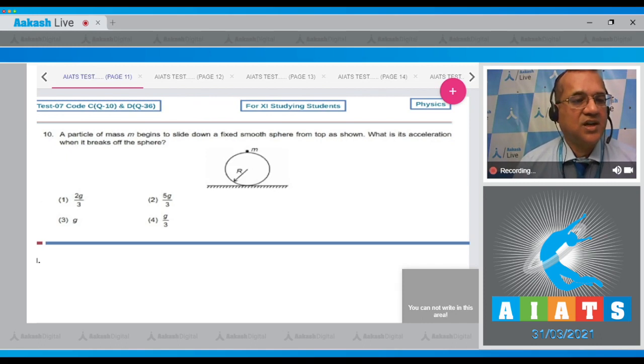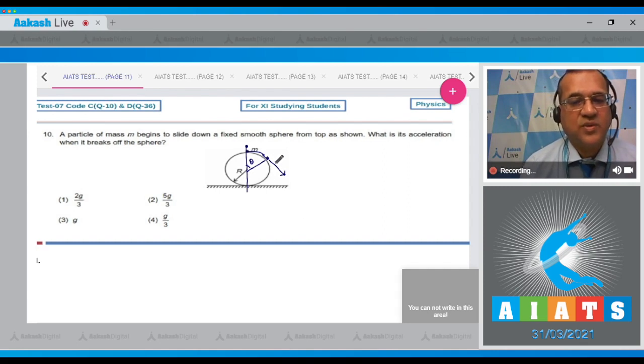The question number 10 is, a particle of mass m begins to slide down a fixed smooth sphere from the top as shown. What is its acceleration when it breaks off the sphere? Now dear students, as this mass is going down, its speed is increasing and when its speed increases, then you can see logically the centrifugal force is increasing and somewhere it loses contact.